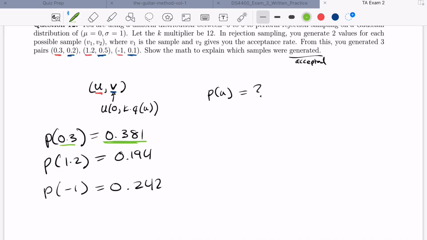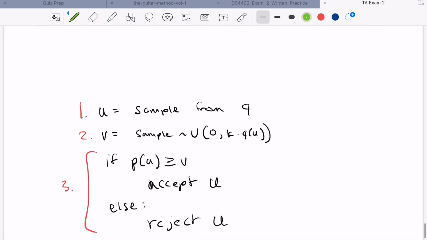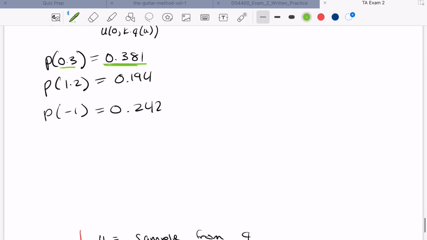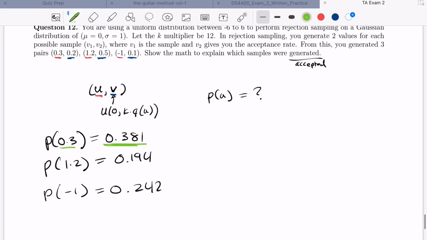In order for us to accept this sample, we need V to be less than 0.381. Well, in this case, V is equal to 0.2, and we do know that 0.381 is greater than or equal to 0.2. So we accept 0.3.